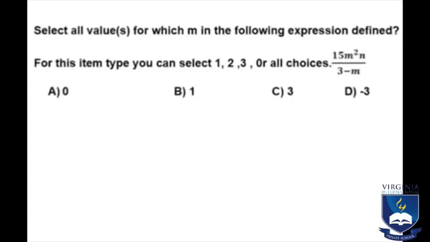So for A, 3 minus 0. We're going to take the m. 3 minus 0 is 3, so this is right. Then, for B, 3 minus 1. We also took the m. So it's 2. It's also correct. And for C, 3 minus 3 is 0, so that's wrong.